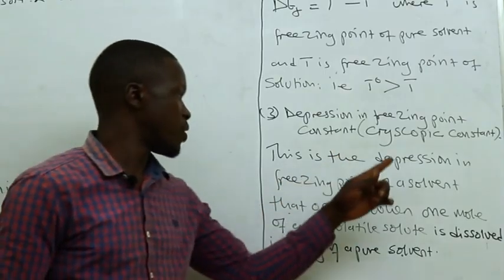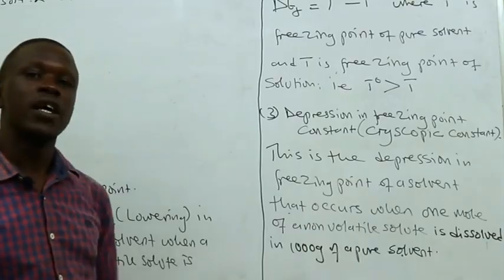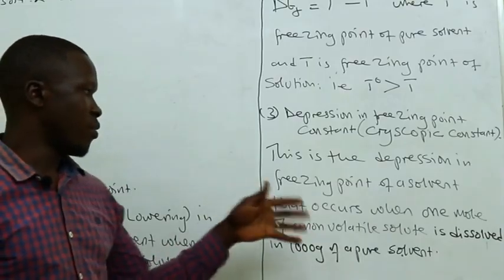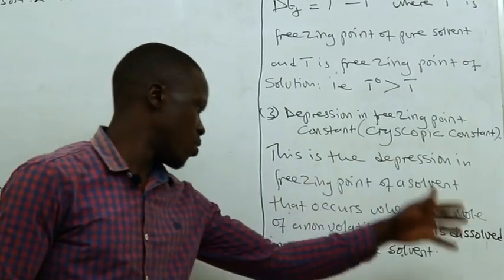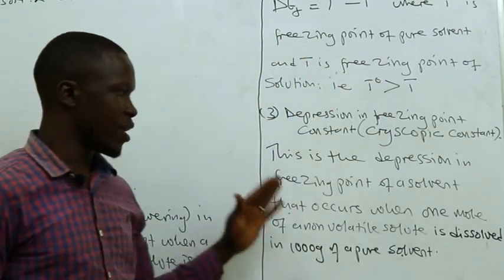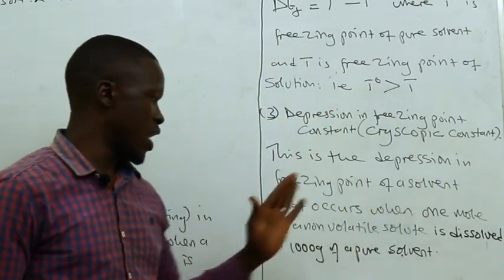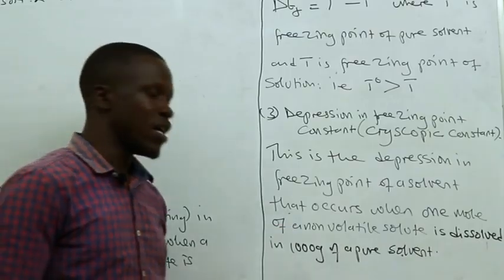So we are saying this is the depression in freezing point of a solvent that occurs when 1 mole of a non-volatile solute is dissolved in 1,000 grams of a pure solvent.